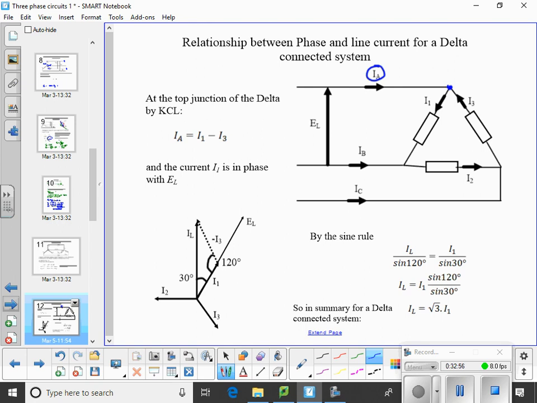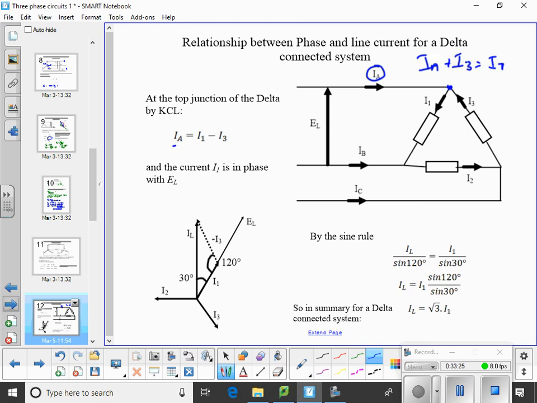All right? IA is I1 minus I3. If you apply the arrows going in, arrows going out law, you'd say IA plus I3 is equal to I1 here, and then rearranging that for IA, that must be I1 minus I3. Yeah?